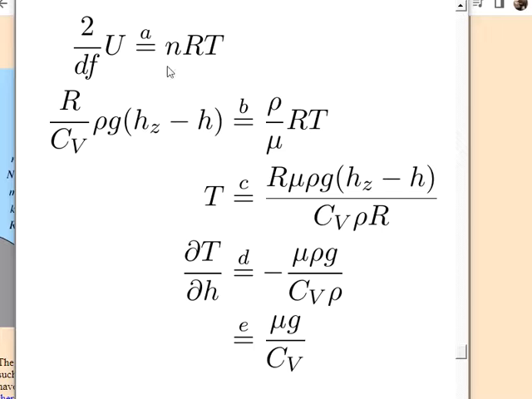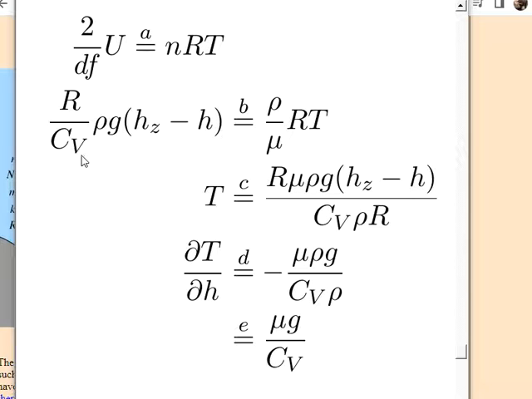Okay, so let's check this derivation. Basically, we start with 2 over the degrees of freedom times U equals nRT. Then I replace 2 over degrees of freedom with R over the specific heat at constant volume, which is essentially a property of the gas.